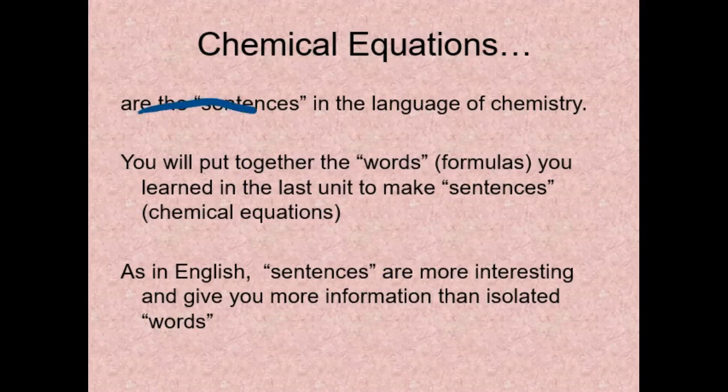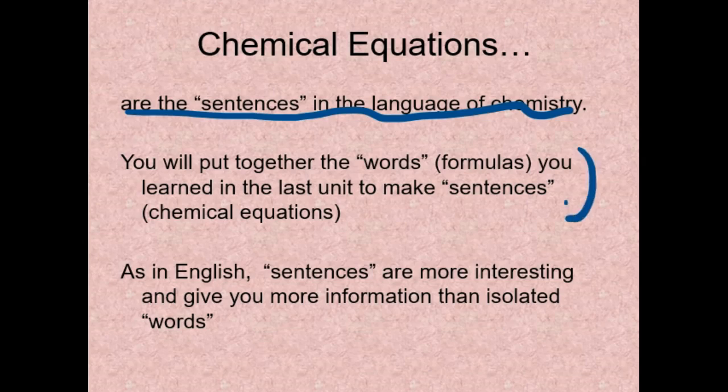They are the sentences in the language of chemistry. So basically, an equation is a sentence. You will put together the words, the formulas you learned in the last few units, and make sentences out of them. Okay, so that's kind of the key here.